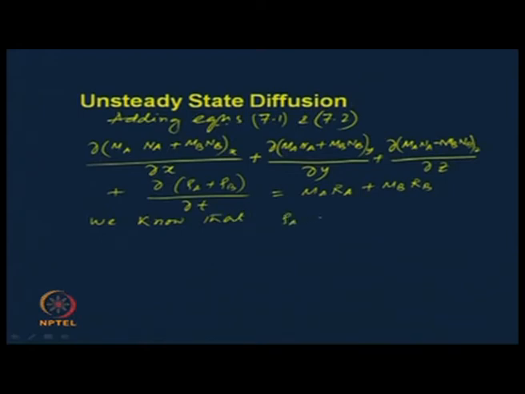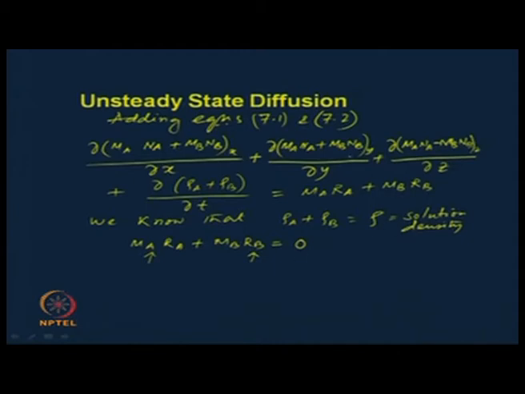We know that rho_A plus rho_B will be equal to rho, the solution density, and M_A r_A plus M_B r_B is equal to 0, because the mass rate of generation of A and B must be equal to 0.